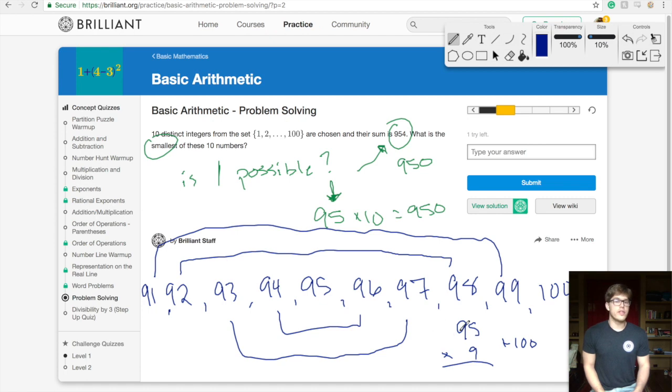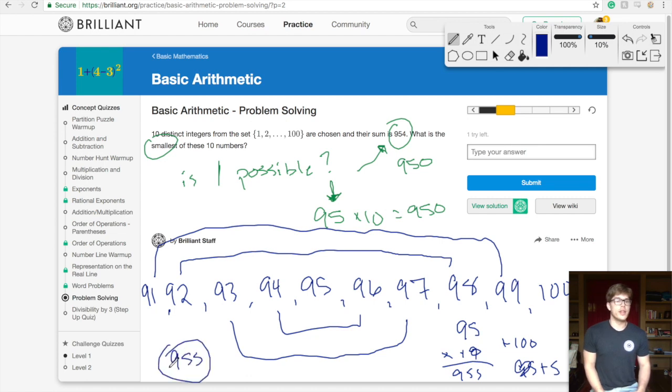And 100 is simply 95 plus 5 extra. So we can say this is 95 times 10 plus 5, which is 955.